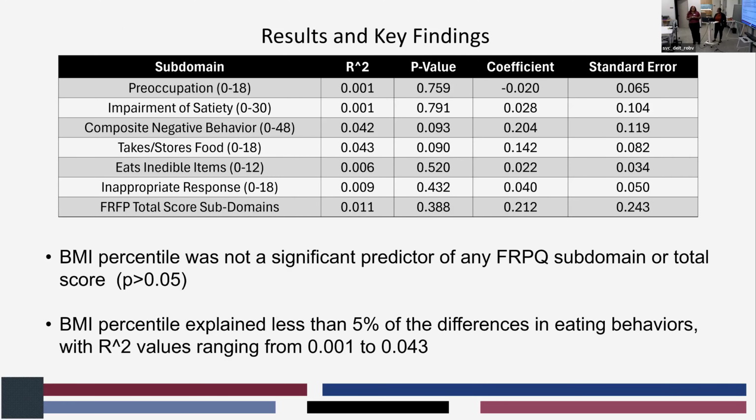Our results found that BMI percentile was not a significant predictor of any FRPQ subdomain or total scores. Our p-values were all above 0.05 in every subdomain. So we can conclude that there was not really any correlation between the BMI percentiles and the FRPQ score.